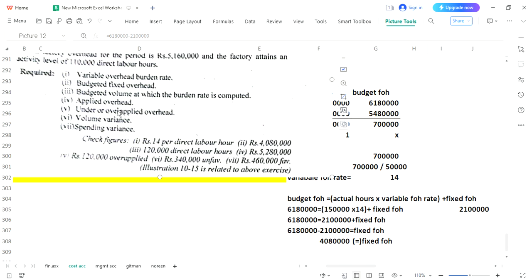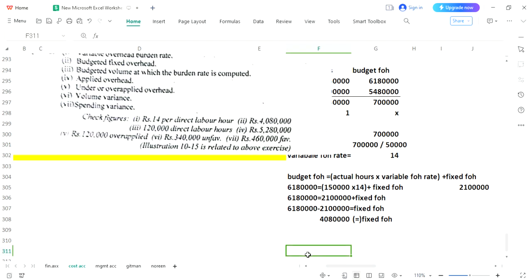And third requirement is budgeted volume. So come over here, we can calculate our third requirement, which is budgeted volume. In this question there are several extra calculations which are needed. Formula is very simple.